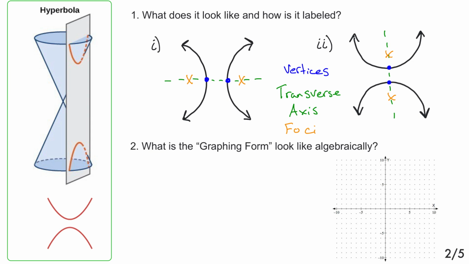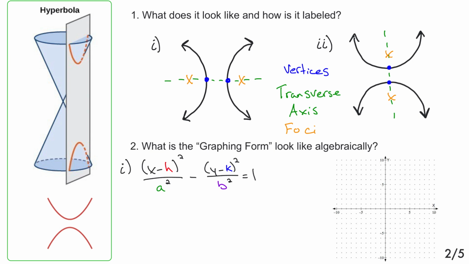The first equation, representing the first type, so for type 1, will be of the form the quantity of x minus our h value, quantity squared, divided by a squared, minus the quantity of y minus our k value, quantity squared, divided by the b value squared, and that is going to be equal to 1.